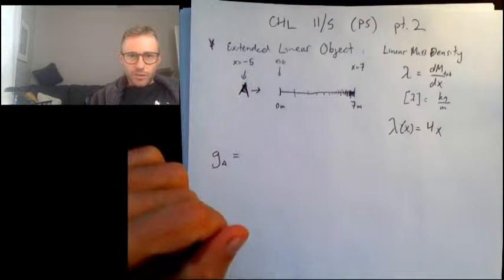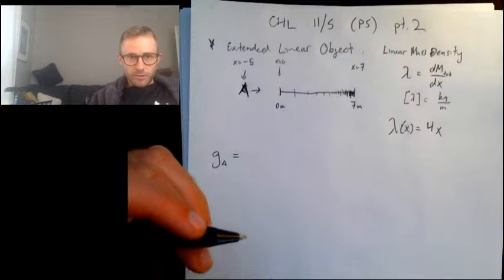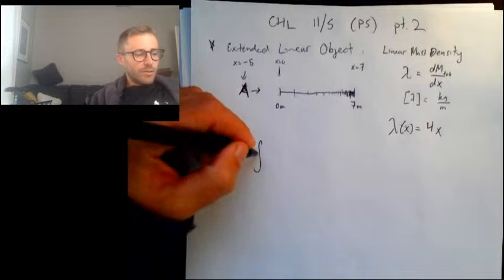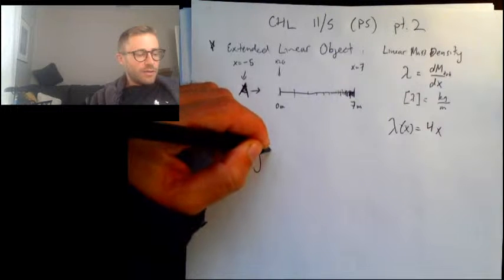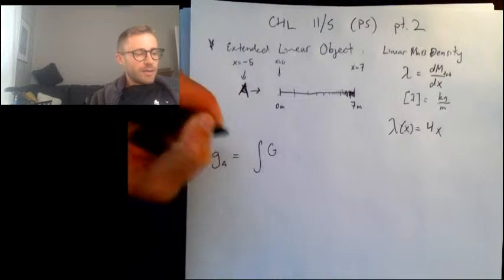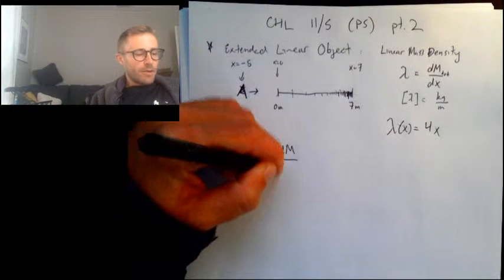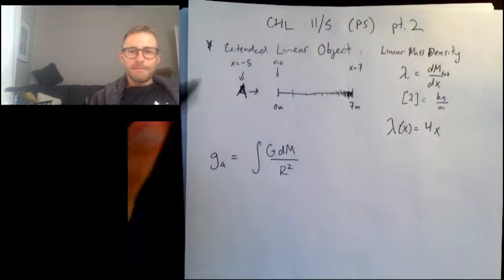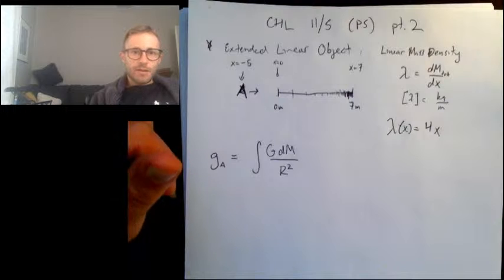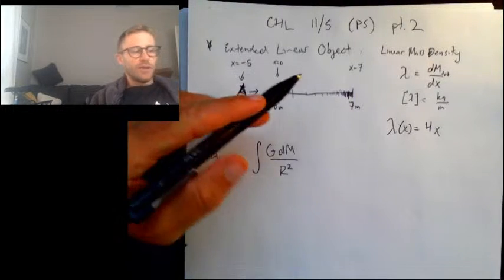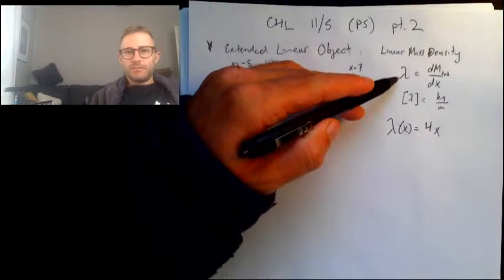And so how you do this is you use integration. You do the integral of big G times dm over r squared. So how do we do that? Well, what does dm mean?